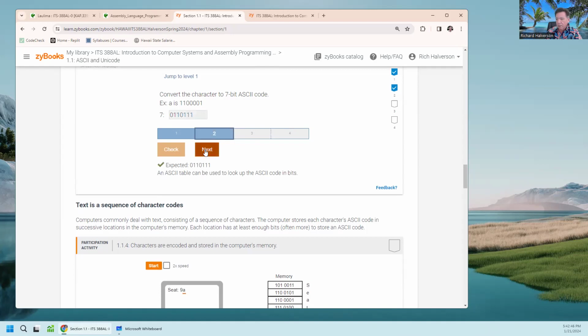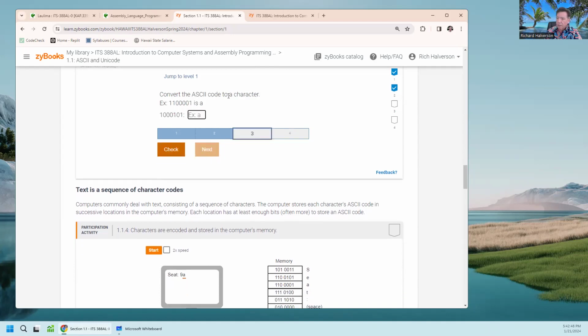All right, what's next? Convert the ASCII code into a character. Oh, okay. What is 1000101?